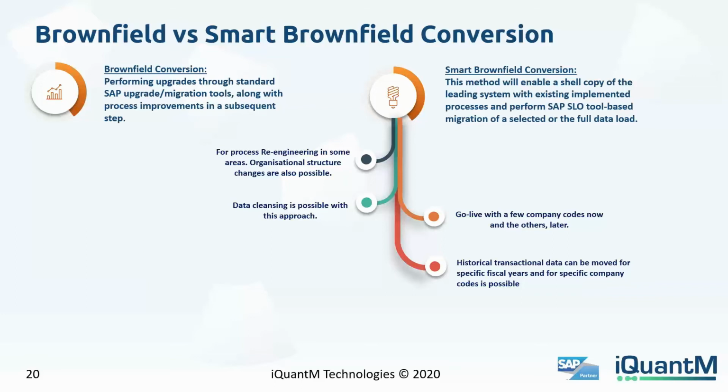We have seen customers who, during the course of their organization's growth, would have gone for acquisitions, mergers, or carving out a portion of their business and selling it to some other entity. So the system would have matured over a longer duration of time, and they also meet the technical prerequisites to reach their S/4HANA system.